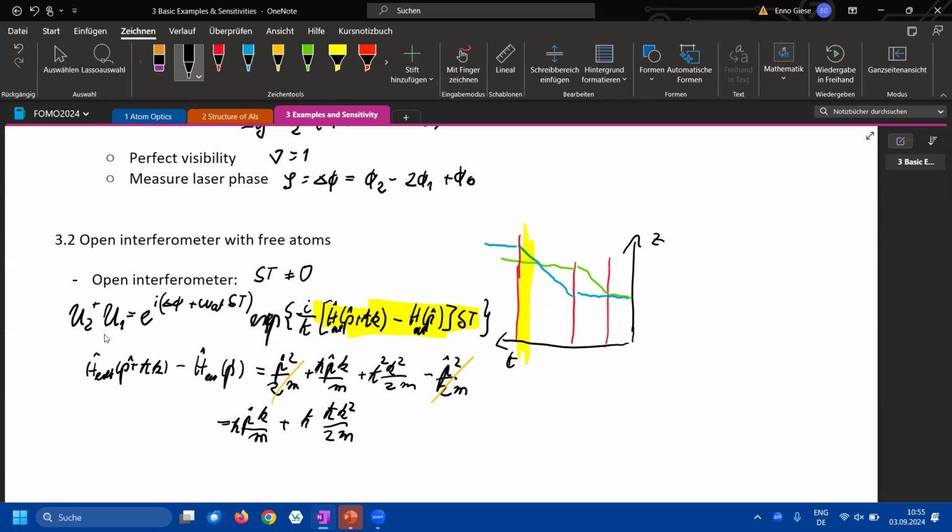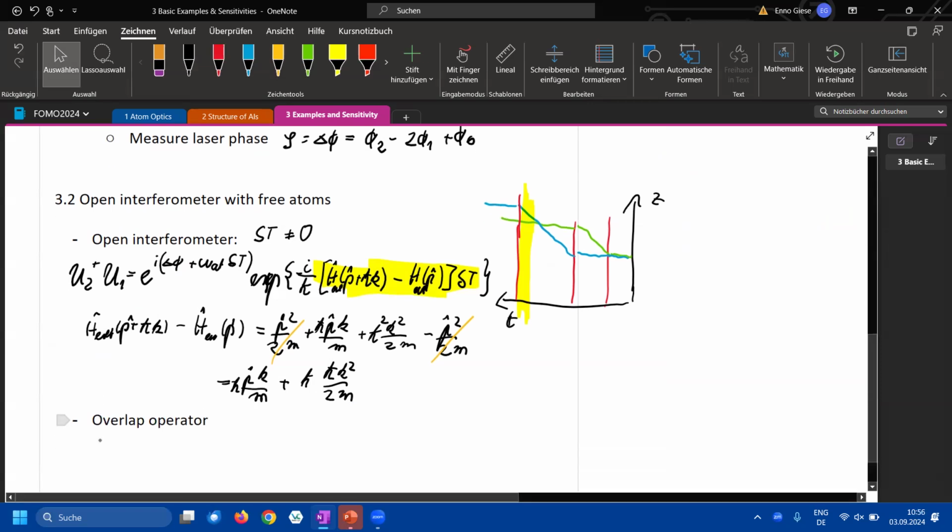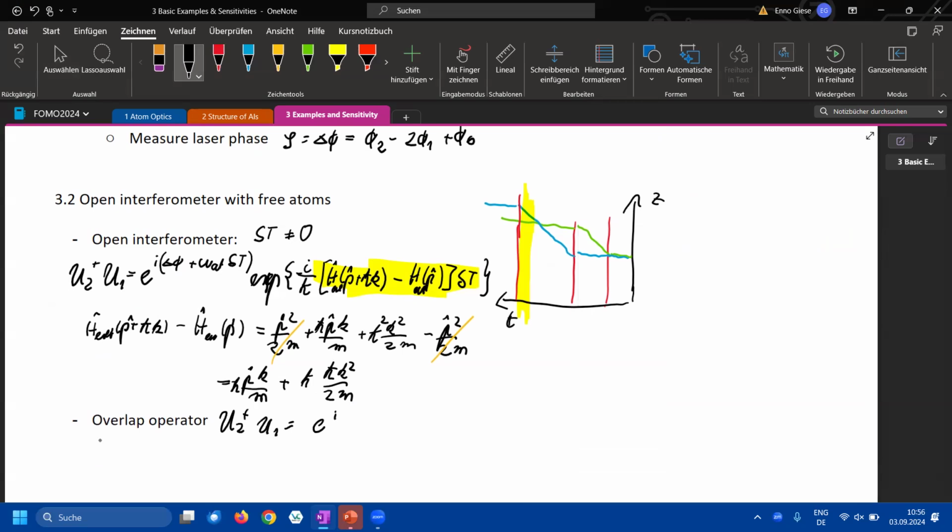So what we observe is that the overlap operator takes the form U2 dagger U1 is equal to e to the I delta phi plus omega atom plus omega k times delta t.